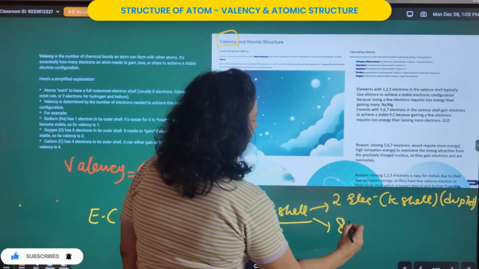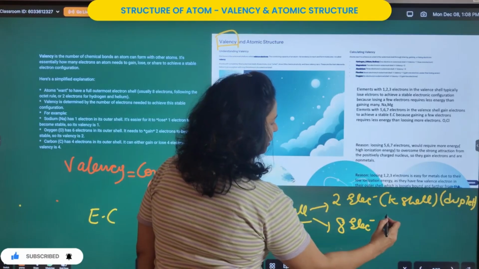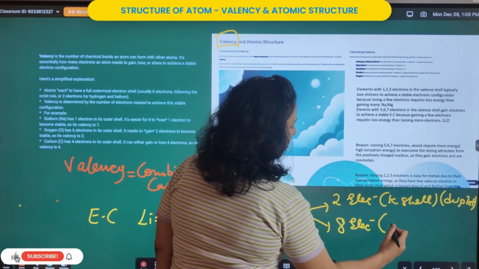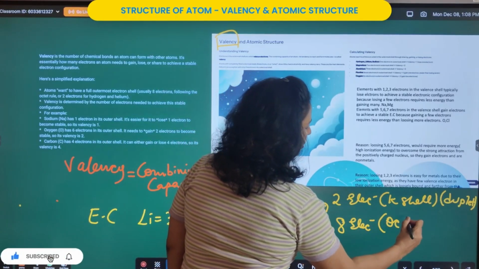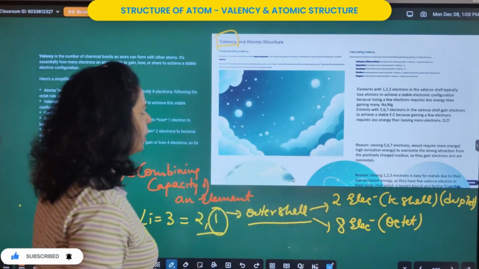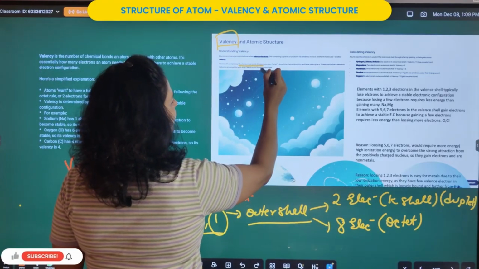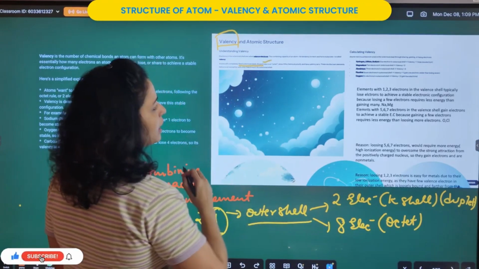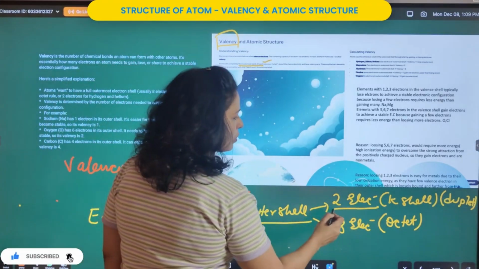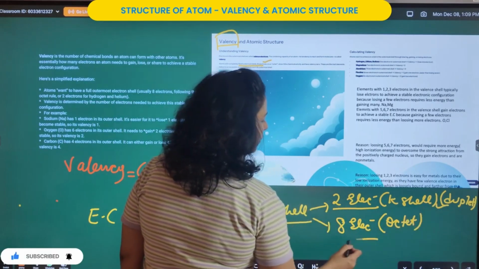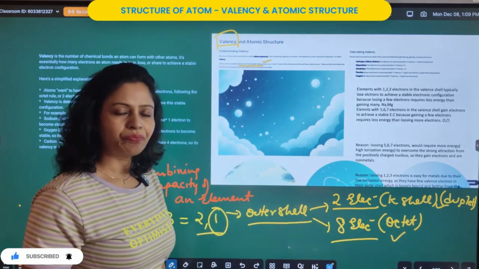Or the outer shell is filled with 8 electrons, which will be called an octet. So atoms with a completely filled outer shell, whether it is filled with 2 electrons, we call it a duplet, or filled with 8 electrons, we call it an octet.